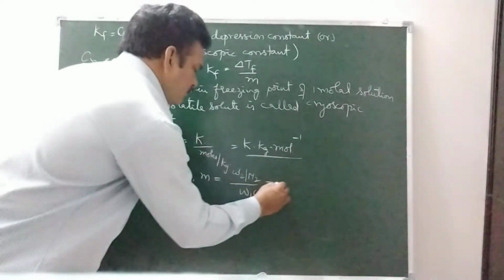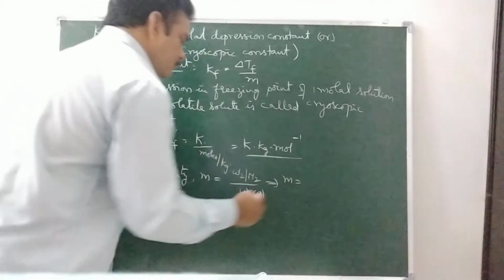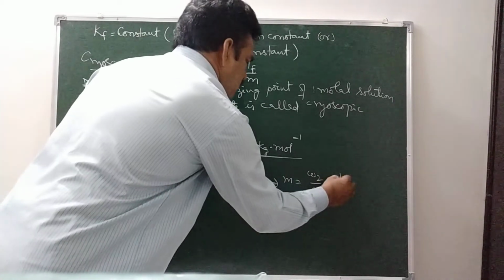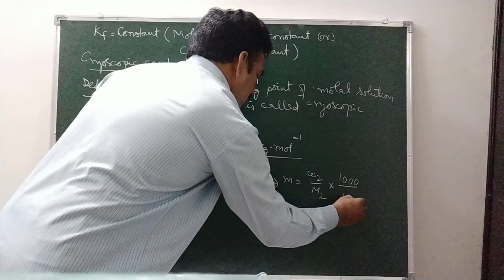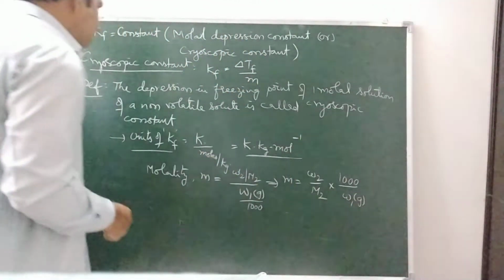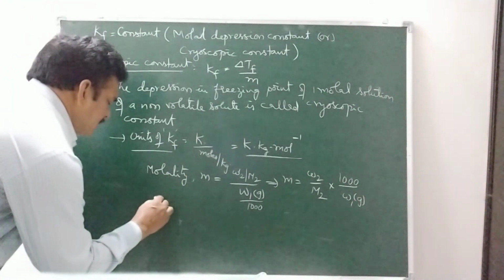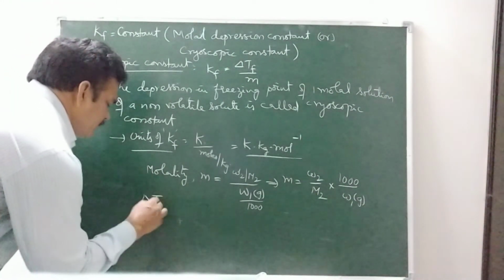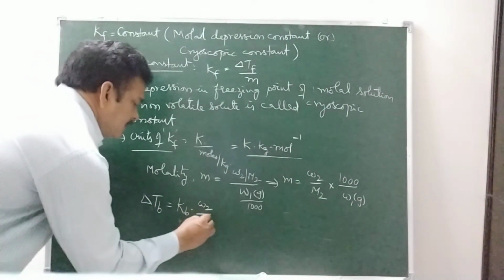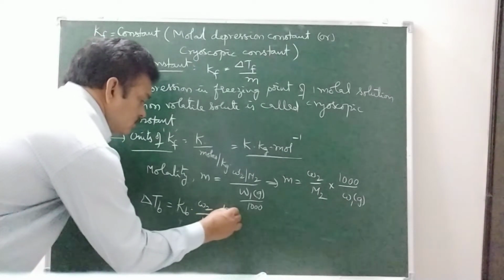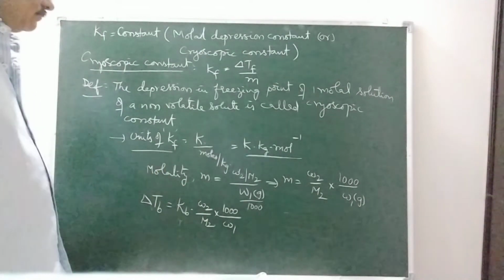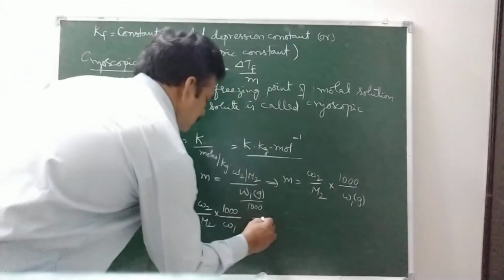So m is equal to W2 by M2 into 1000 by W1. If we substitute this in the previous equation, we get delta Tf is equal to Kf into W2 by M2 into 1000 by W1.